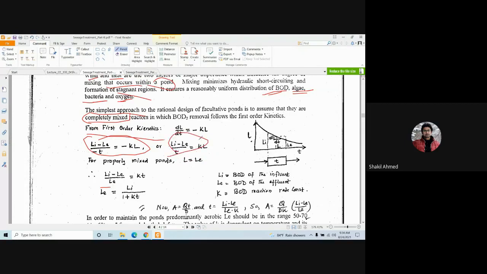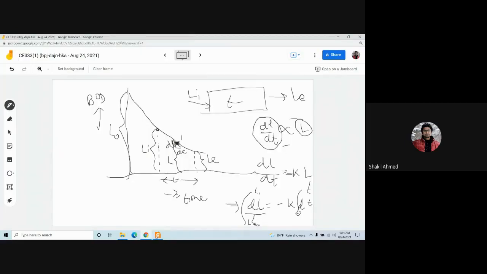Now, if the pond is properly mixed, then you can write this L is equal to Le. That means if the effluent is Le, so that should be Le here also.